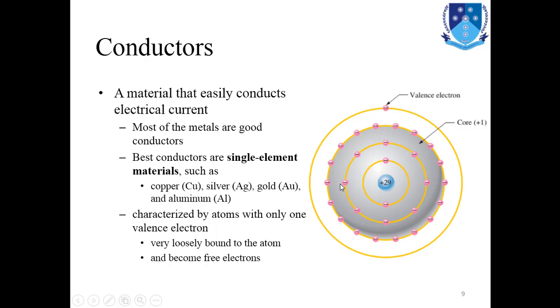So collectively in the first three shells there are 28 electrons. Only one electron is present in the valence shell. This single valence electron is very loosely bound to the atom, and it will become a free electron even under normal conditions.